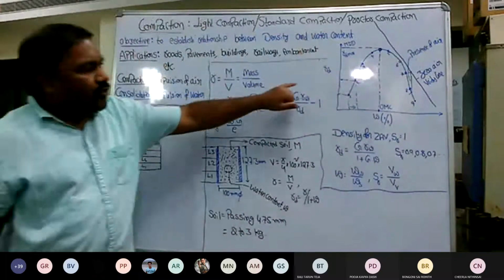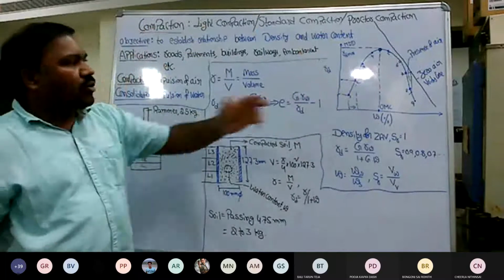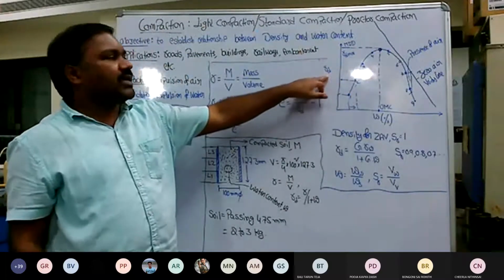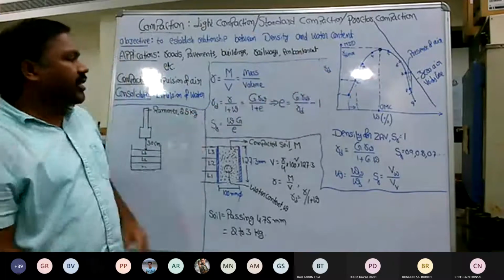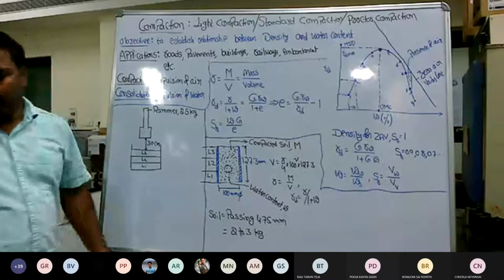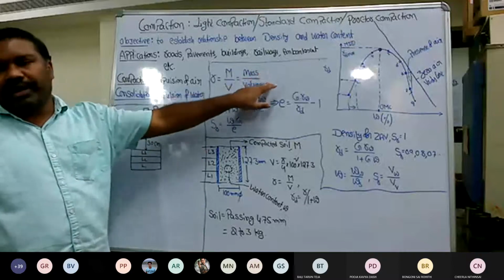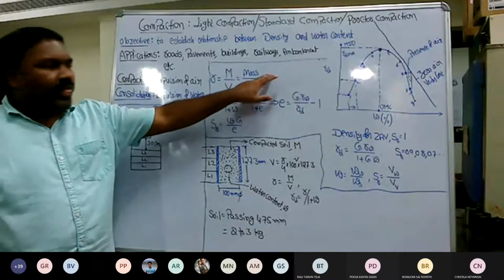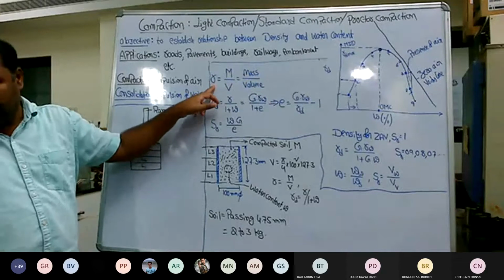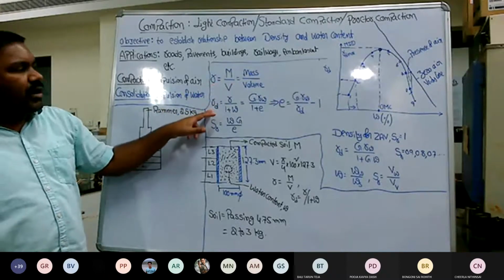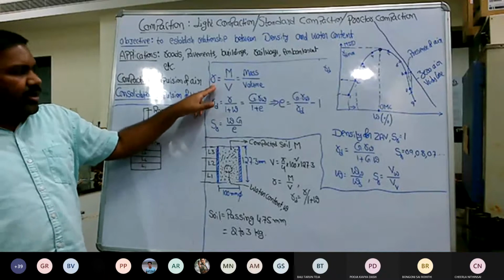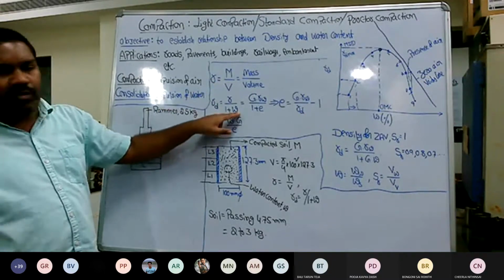But if you look at the fundamental definition, how to establish this curve: on the y-axis, the ordinate, there is gamma D. We know the fundamental definition: density is equal to mass upon the volume, either mass or the weight. Now, this gamma is called the bulk density. The dry density of the soil sample can be calculated from the bulk density by interrelating with the water content.